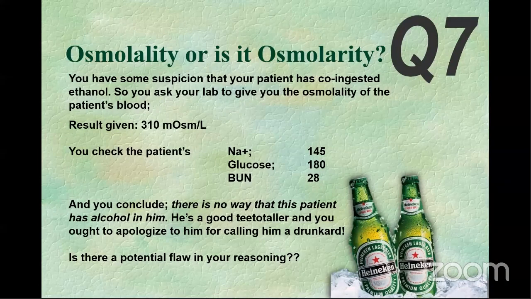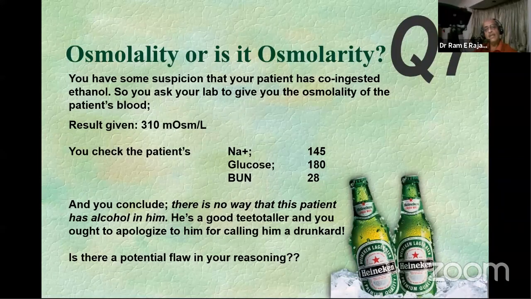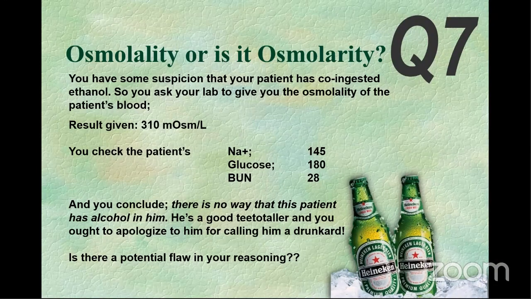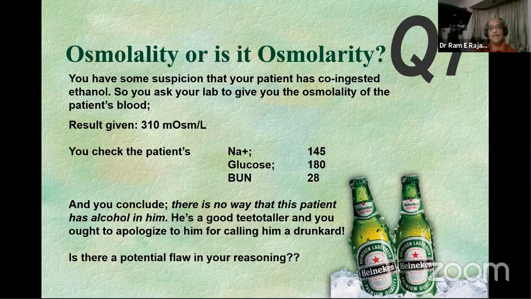And I also will run a calculation over here. Normally the osmolarity which you calculate is based on your sodium, your glucose, and your blood urea nitrogen, as long as there is no extrinsic osmol. Am I right? Okay, so on the basis of this, sodium times 2 will be 290.